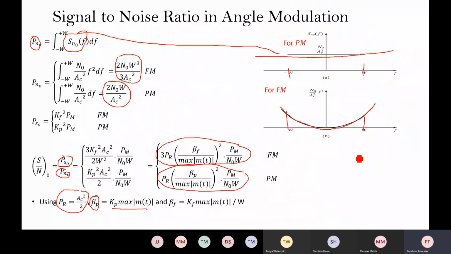The problem with FM is that if you look at the power spectral density, it is actually parabolic, which means the noise power increases as your frequency increases. And if you do it this way, then you'll end up with a high noise.